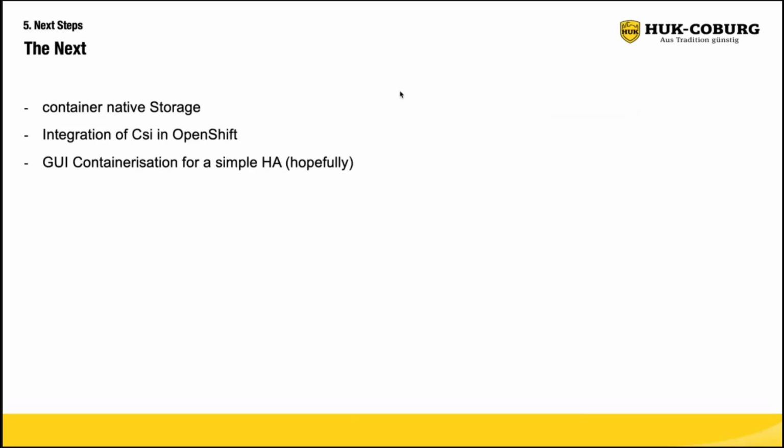And here are some next steps. Currently, we are implementing OpenShift with CSI. The first cluster has been running for 2 days, and hopefully we can go forward with this.